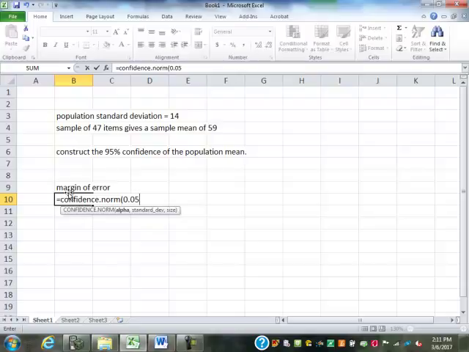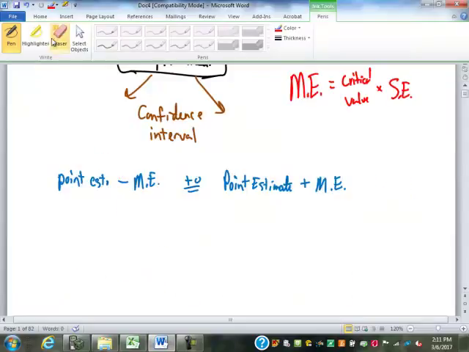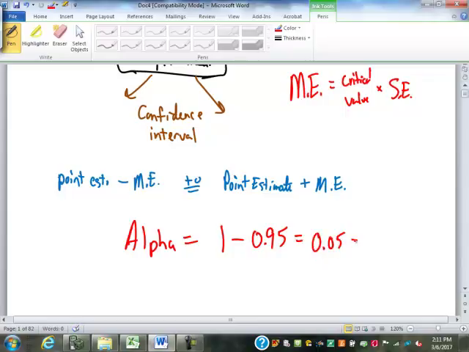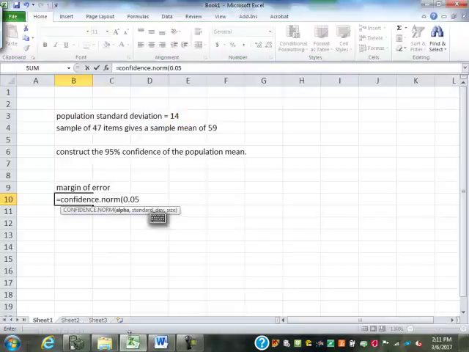For a 95% confidence test, alpha is 0.05. Remember, alpha equals 1 minus the confidence. So 95% confidence would be 0.95. So 0.05 would be alpha for that 95% test.